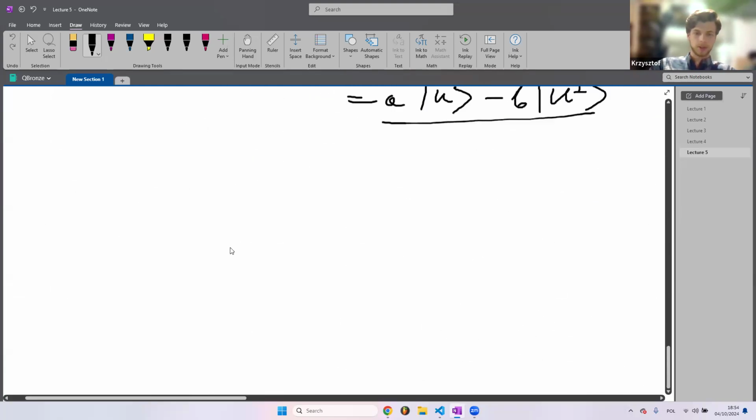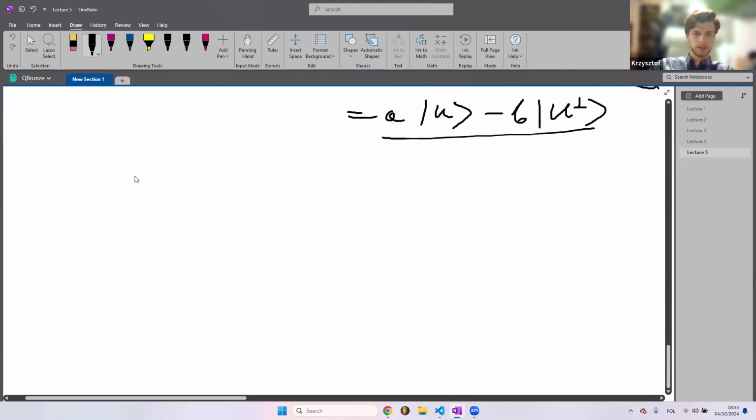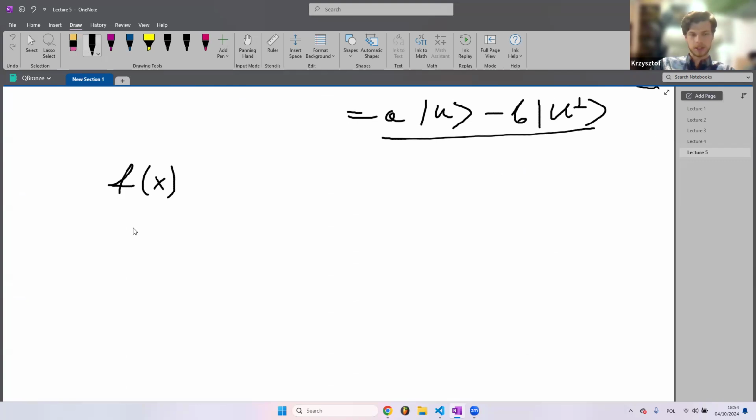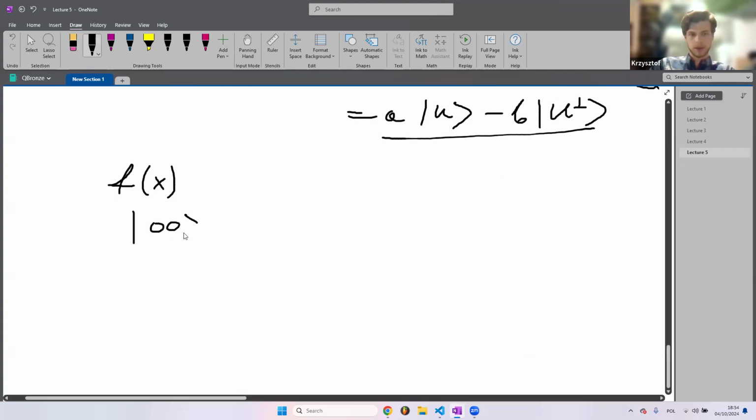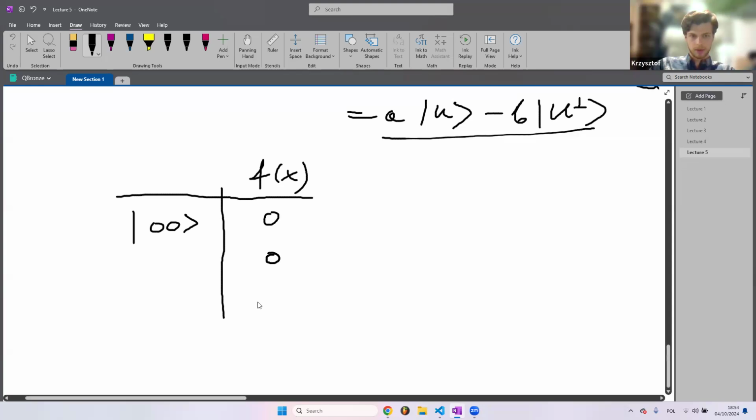We may also think of the function f of x as an oracle, and if the input of this function is, for example, 0, 0, this function will output 0. f of x will output 0, 0, 0, and the last element will be 1.